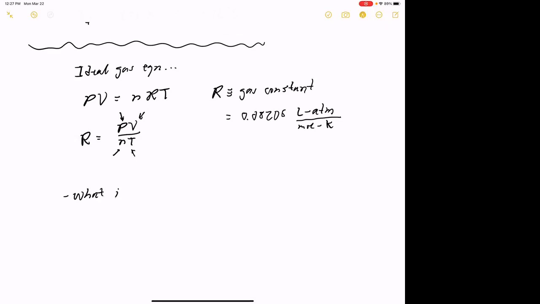What is the volume in milliliters occupied by 89.2 grams of gaseous CO2 at 37 degrees Celsius and an external pressure of 737 millimeters of mercury.